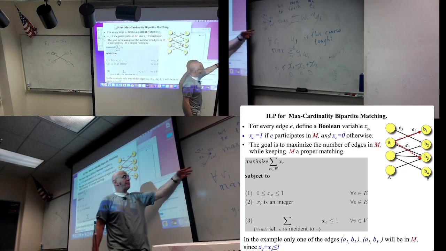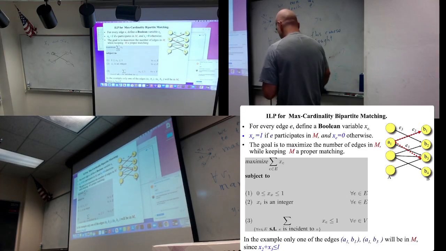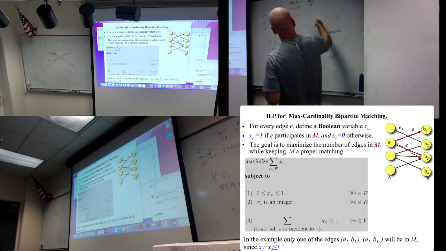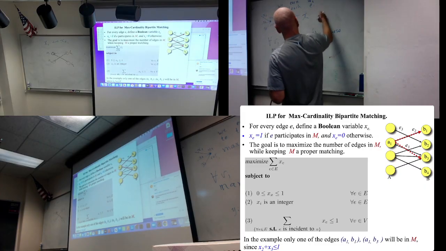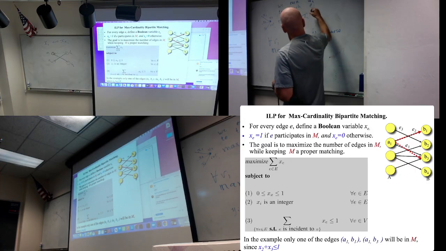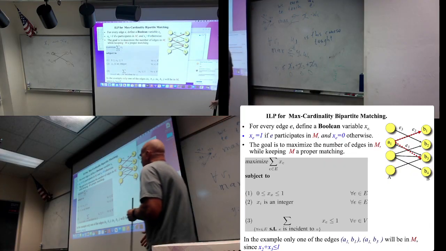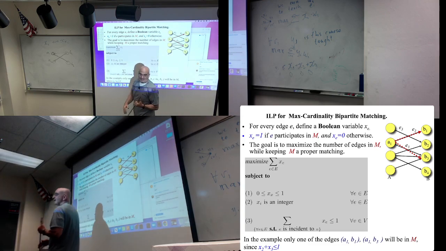When we had the ILP, what did it change? Beforehand, we had just sigma of xi for the unweighted case. For the weighted case, we just multiply it by the weight of the edge. Correct? We wanted to assign edges to some other variables.